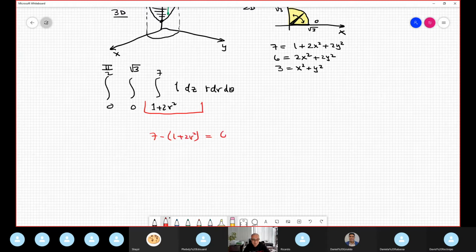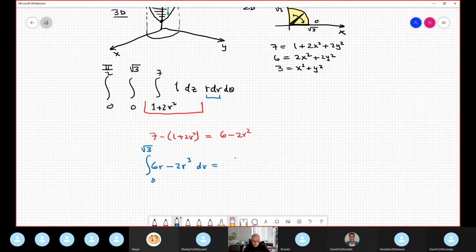It is actually 6 minus 2r squared. And you replace; the next integral is the integral for r, but r contains one extra r, so the integrand function is 6r minus 2r cubed, integration from 0 to radical 3 dr. This is one integration.